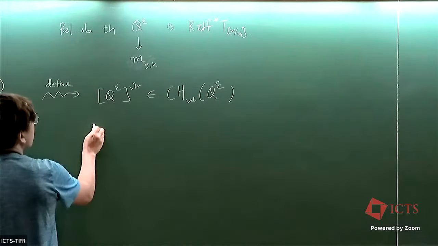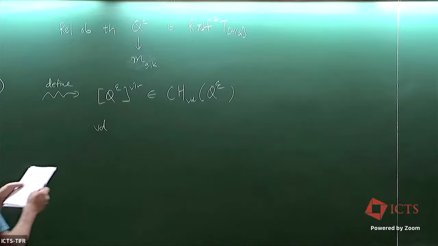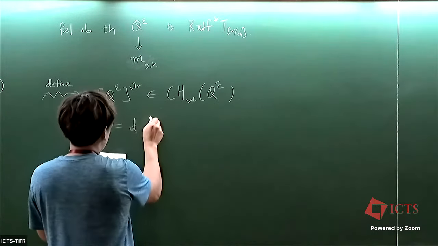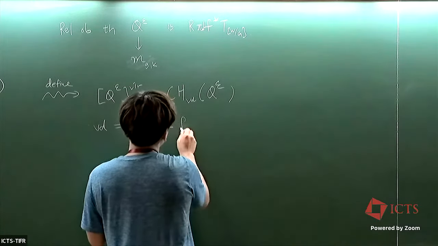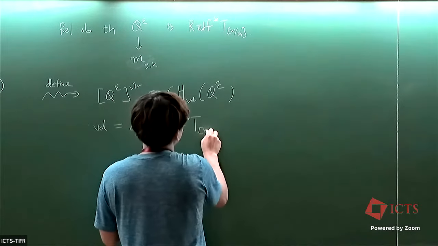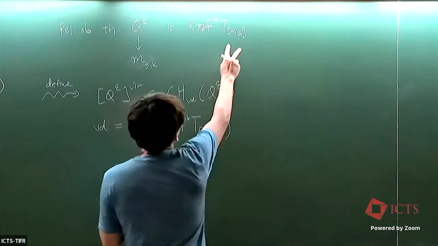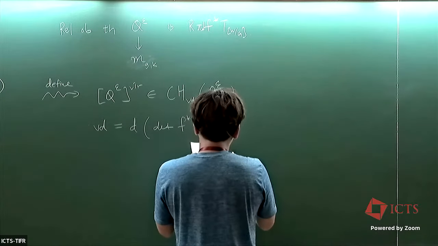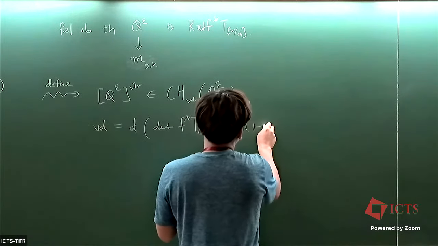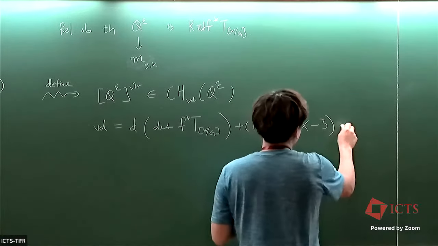And here, vd is the rank of this complex, which is the degree of V, that is, the pullback tangent bundle determinant, plus 1 minus g, and then minus 3, plus k.